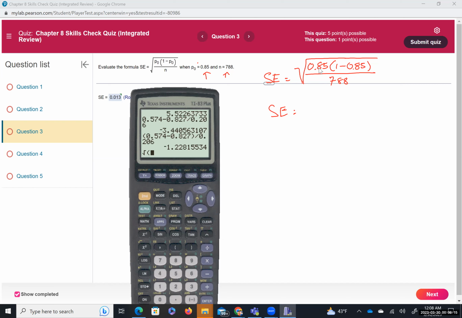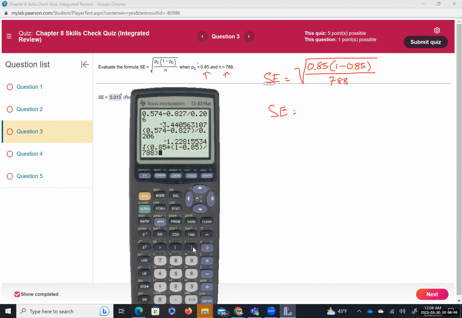Just do 0.85 multiplied by parentheses 1 minus 0.85, divide it by 788, and close the parenthesis for the square root there.